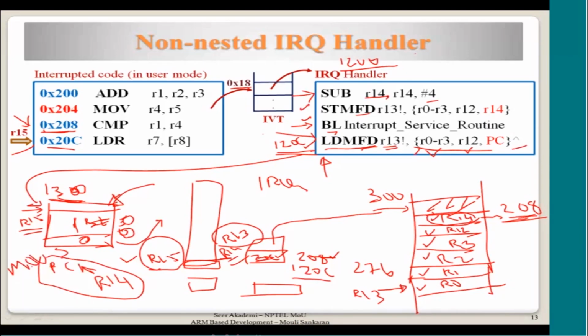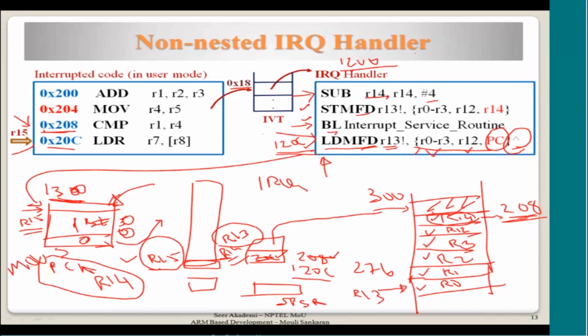If you recall, I mentioned that when you have a last destination register as PC, and you also have a caret in the multiple copy, then automatically, when the assembler looks at it, it will set a particular bit in the code, and the processor automatically copies the SPSR value. I didn't talk about SPSR at all so far. SPSR was having the previous value of CPSR, right? Originally, during this time, it was copied into this.